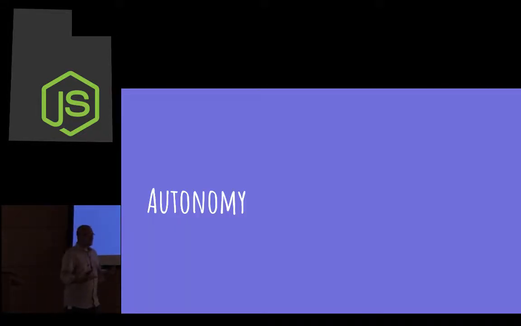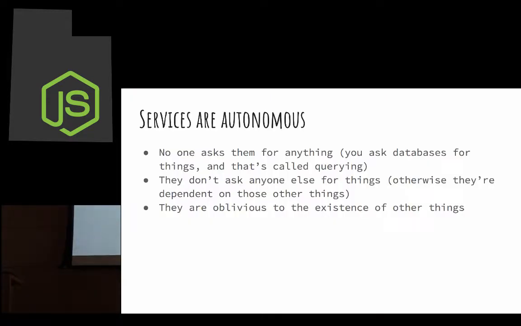Anyway, so what makes something service-based? When we talk about microservices, what does that actually mean? Autonomy is the essence of microservices. What do I mean by autonomy? Three points here. No one asks a service for anything. A service will never have a get API on it. We have components, architecturally speaking, that you ask questions of. Those are called databases. The act of asking them a question is called querying. And a database is still a database, even if you wrap HTTP around it.